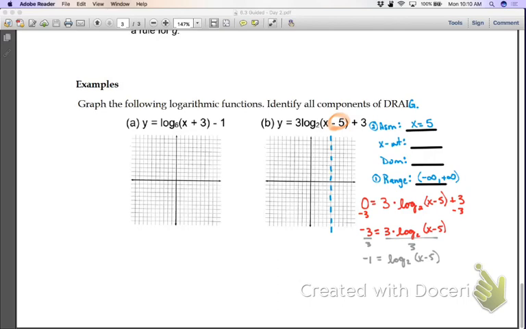Now I have a log, so I need to turn it into what? Exponential. So if I turn it into an exponential, I have 2. Where does the negative 1 go? To the exponent, and then I have x minus 5.